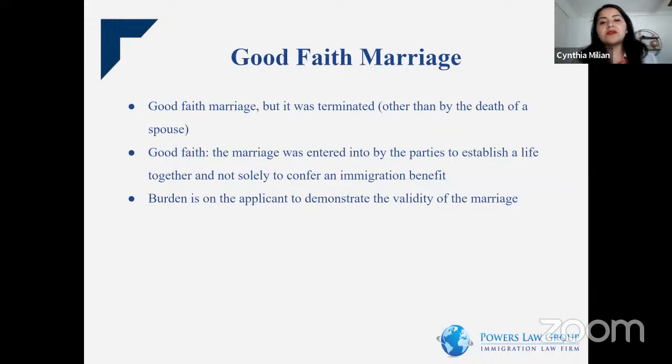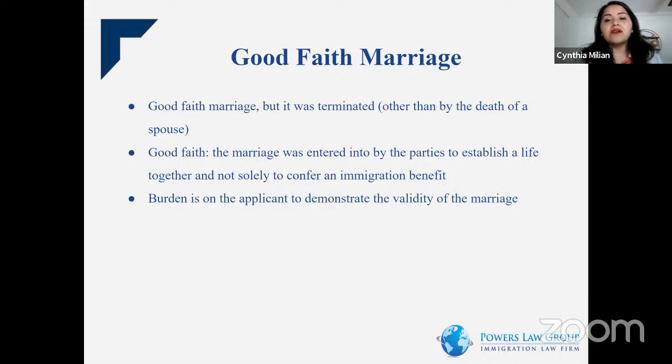There's also an ability for you to submit this, right, if you got married, you thought the person was the love of your life, but unfortunately things don't work out. Then you can file it based on a good faith marriage: that at the inception, at the moment that you both married, you thought the marriage was going to last forever, but life happens, and you divorced, things didn't work out between the two of you.